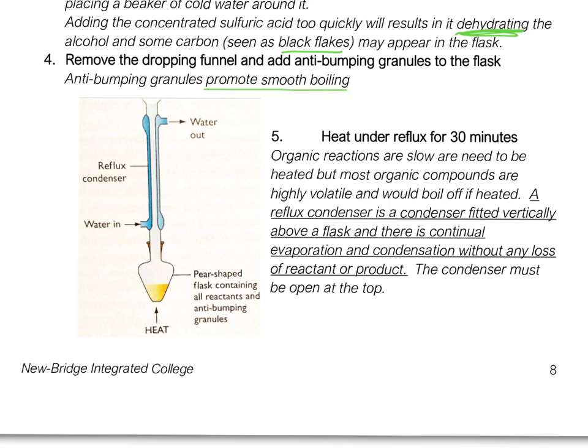But organic compounds are volatile and would escape as gas if they were heated. And so we need to reflux it, which, as we talked about, is continuous boiling or evaporation followed by condensation. It means we don't lose any of our reactant or product. Again, the condenser must be open at the top, to maintain our open system.